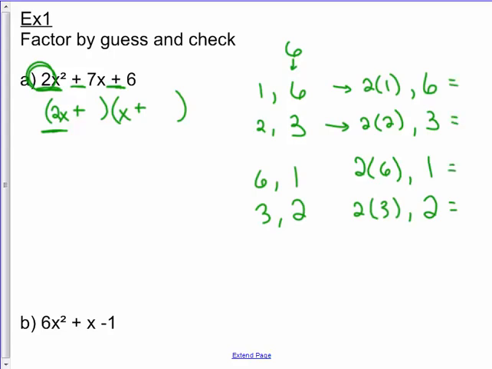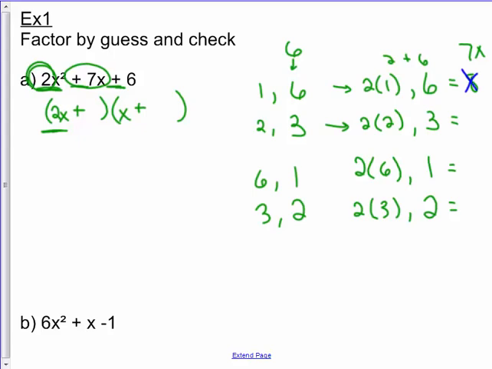Now I'm going to look and go, okay, when I put these together, 2 times 1 and 6 here, I want a 7x here. So 2 times 1 is 2, and a positive 6, that's 8. Nope, that doesn't help.